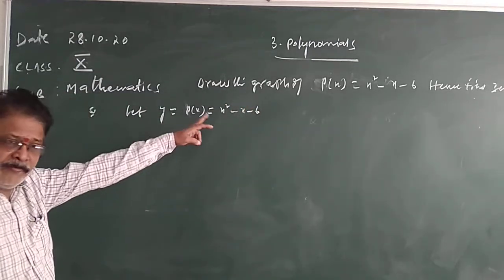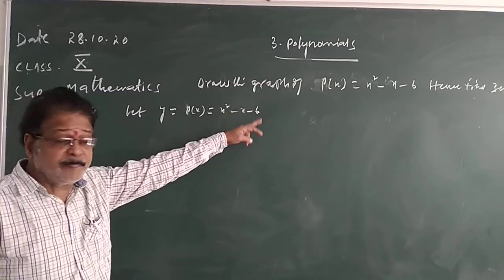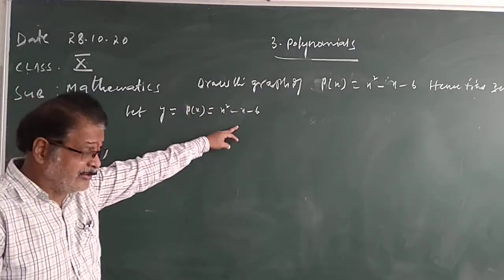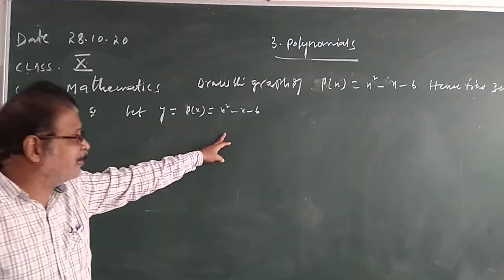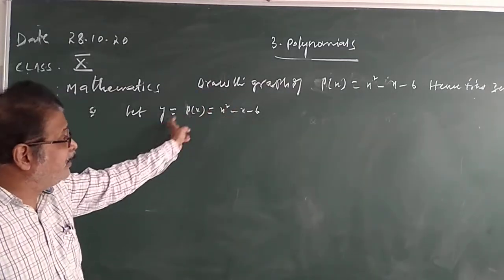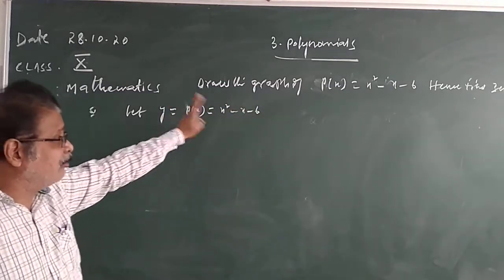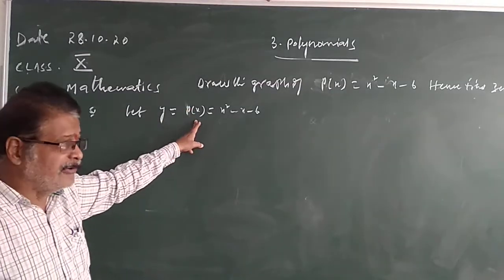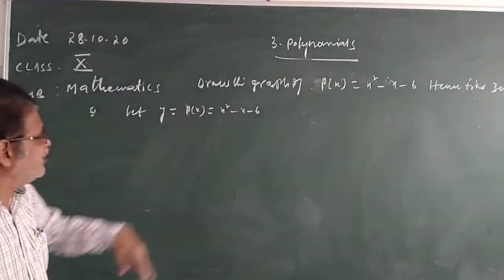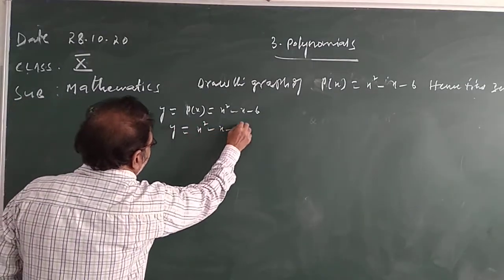So, y is equal to x square minus x minus 6.